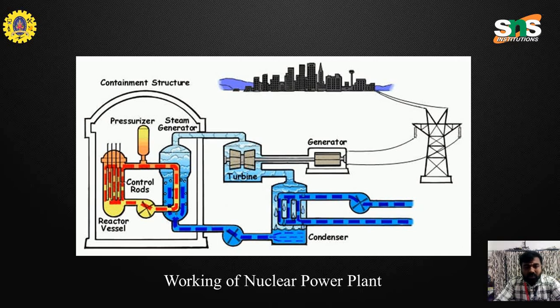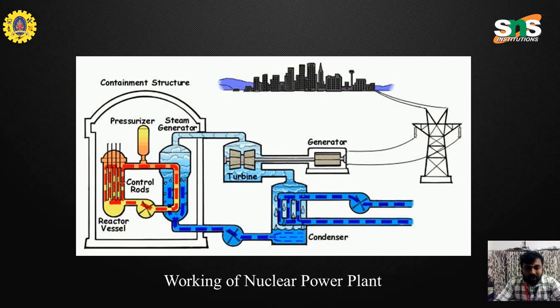The main function of the control rods is to regulate the chain reaction, and they are made of boron and cadmium. The main function of the moderator is to slow down the moving neutrons, and it is made of graphite, heavy water and also beryllium.